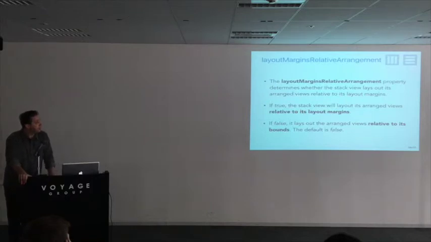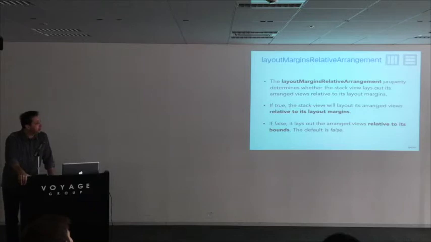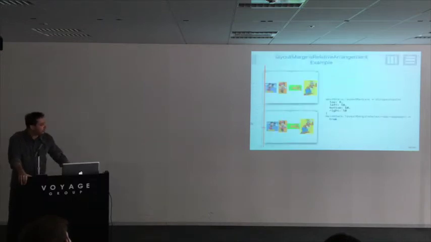This is also quite useful. You can put some padding around your stack view by using the layout margins relative arrangement property. By default it's 0 or false. And I've used that.